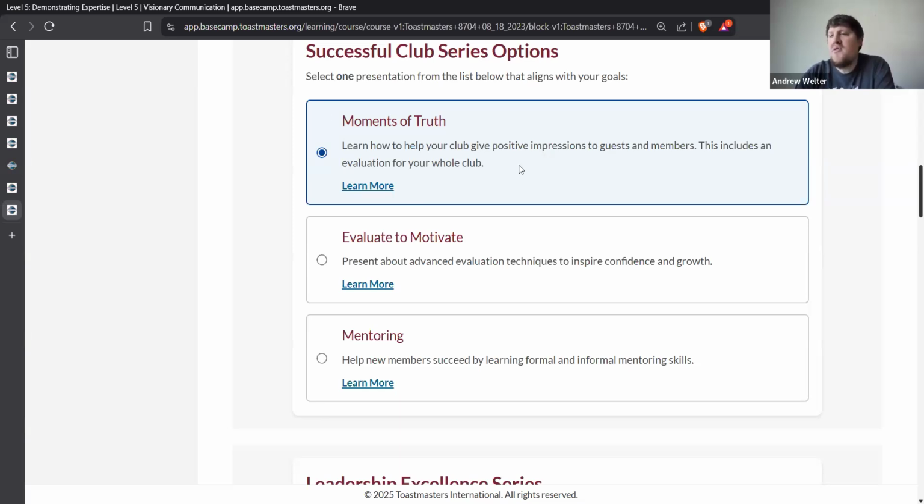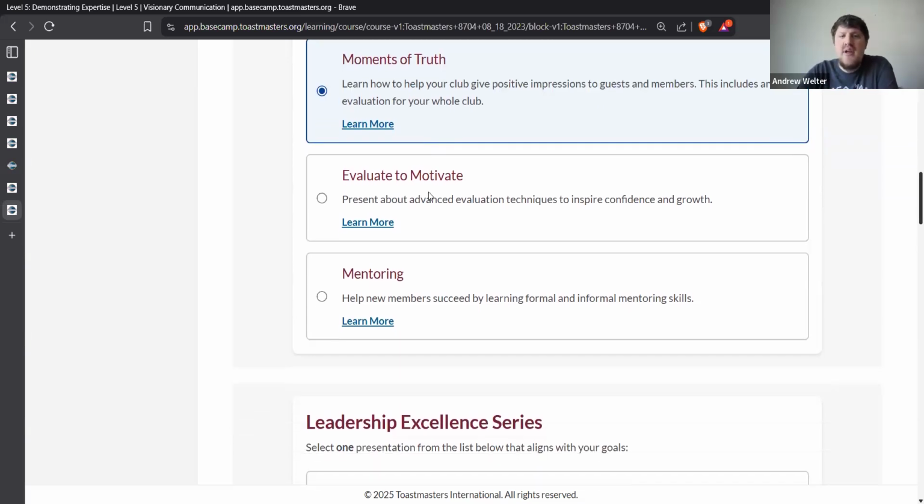The moments of truth is all about this is where your club's strengths are and this is where your club's weaknesses are based off of the members of your club. Your club will tell you this is where we think we can do better. This is where we think we're doing well. And it gives you a path of where to focus.